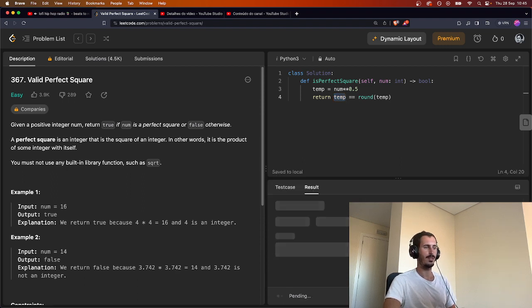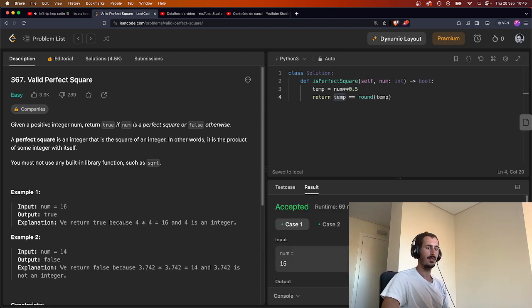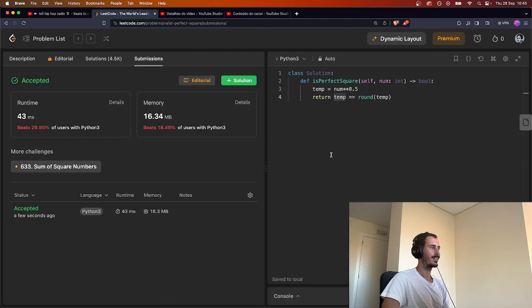So let's just run this. Submit. Well, it works. Got accepted, but I feel like I'm cheating because this is square root.